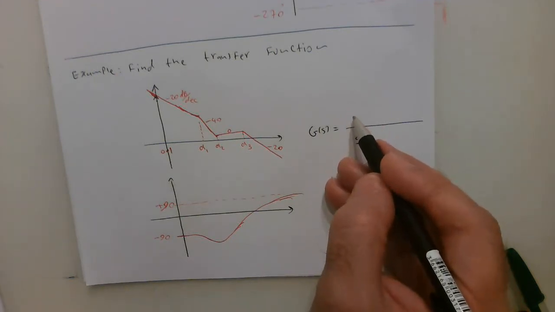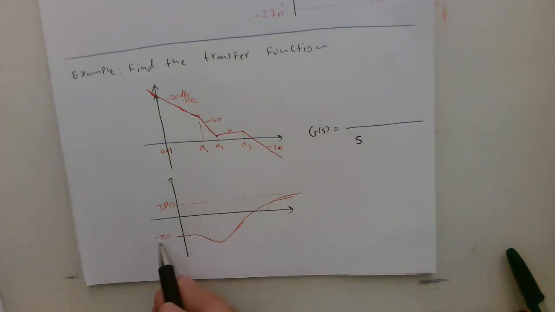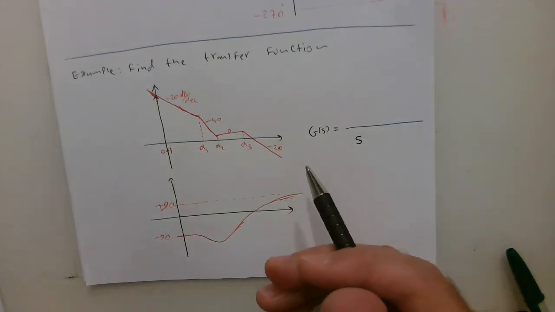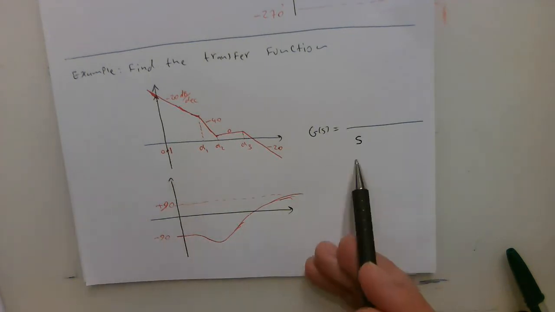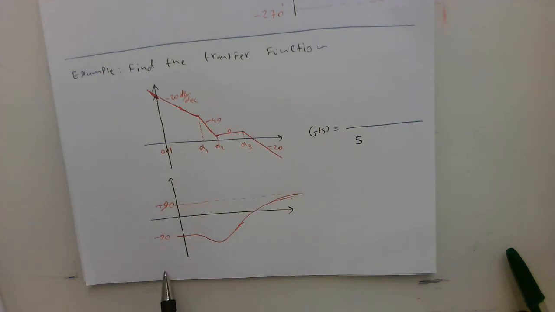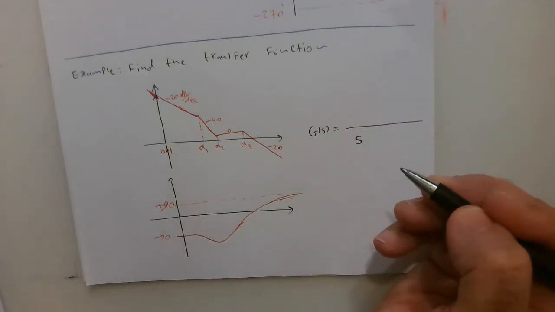If the gain was negative, then the phase in low frequencies wouldn't be minus 90, because a negative gain has minus 180 degrees phase, and if you add minus 180 to the minus 90 of the integrator, it would have been minus 270 or plus 90, because minus 270 and plus 90 are exactly the same. So it would have started from another point, but because it is minus 90, the gain is positive.